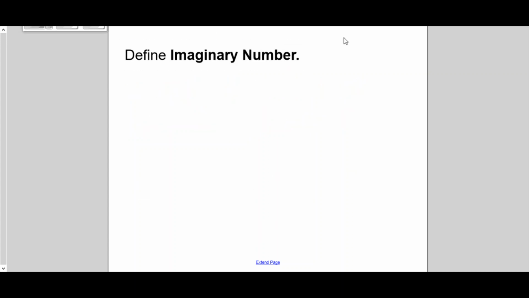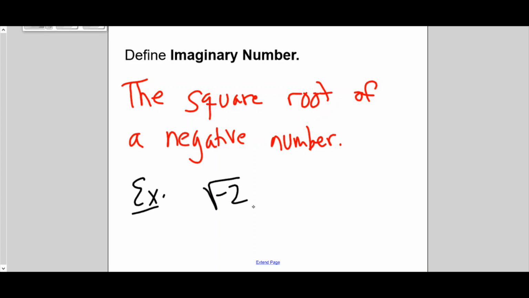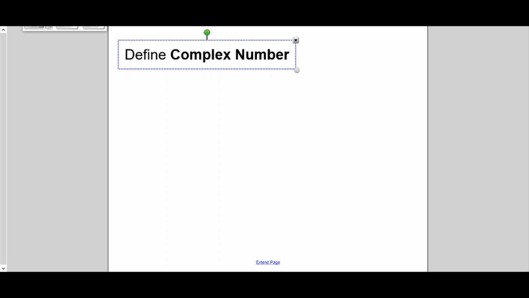The next thing we want to define is an imaginary number. An imaginary number is the square root of a negative number. So for example, the square root of negative 2 is imaginary because you can't take the square root of a negative number. And the last thing we're going to define is complex number.